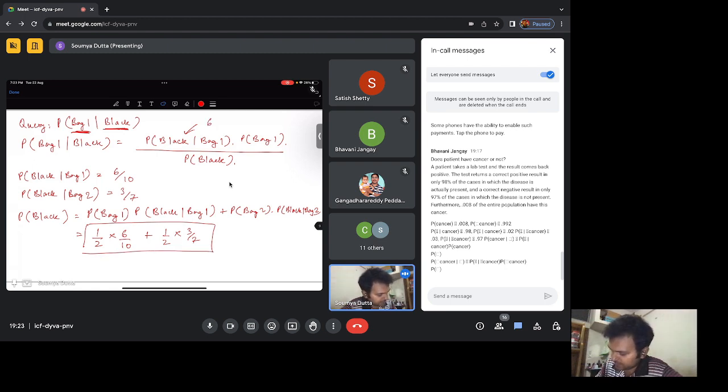So this is the data that you were asking about. P of black given bag 1 is 6 by 10, P of bag 1 is half. So the answer would be 6 by 10 into half divided by this big thing, 6 by 10 into half plus half into 3 by 7. So this would be 6 by 20 divided by 6 by 20 plus 3 by 14.